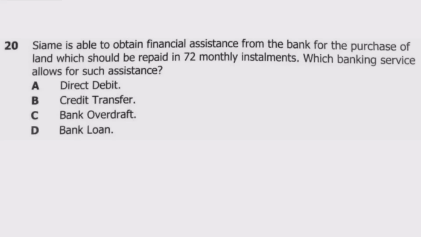Question 20 is as follows. Siame is able to obtain financial assistance from the bank for the purchase of land which should be repaid in 72 monthly installments.